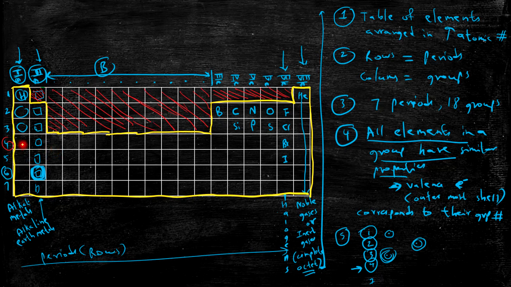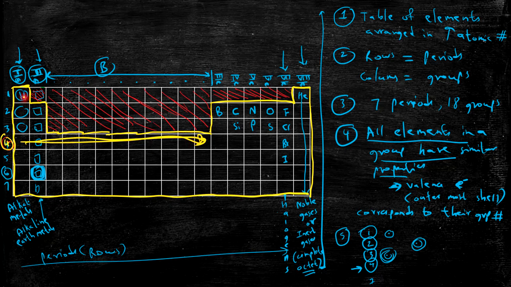Now, if you are in the same period, which is the same row, as you are adding electrons, those electrons are being added to the same energy level. Say we are talking about period 4 in this case, the electrons are being added to the same energy level, the fourth energy level.